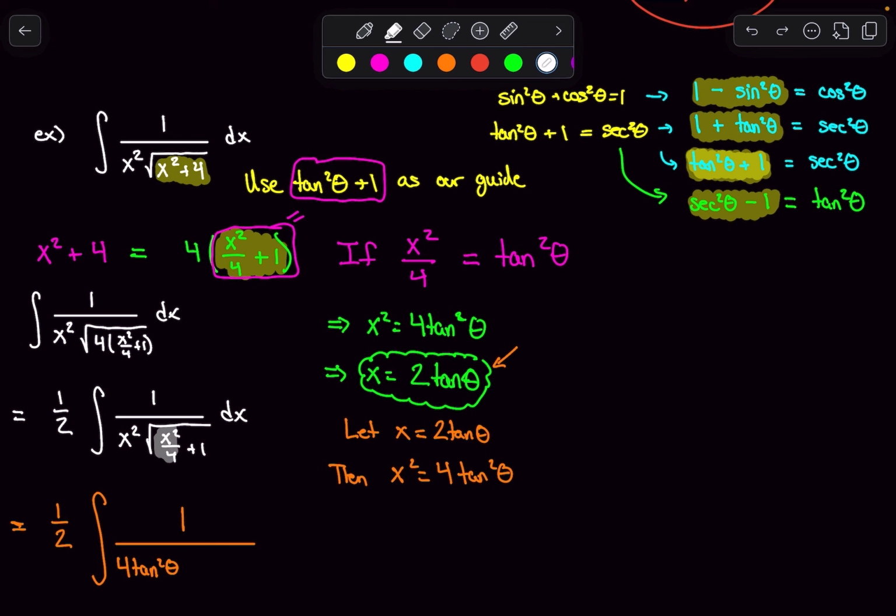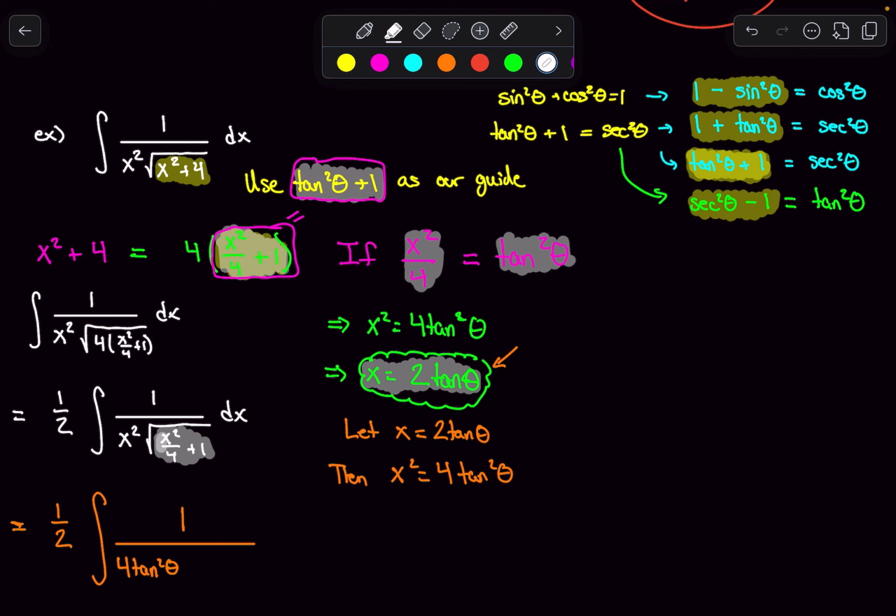What do I do with this x squared over 4 plus 1? Well, the whole point of making this substitution x is equal to 2 tangent theta was that we know x squared over 4 is equal to tangent squared. That would make x squared over 4 plus 1 equal to tangent squared plus 1. I already know from all the work I've done before, I don't have to go through and do it all again.